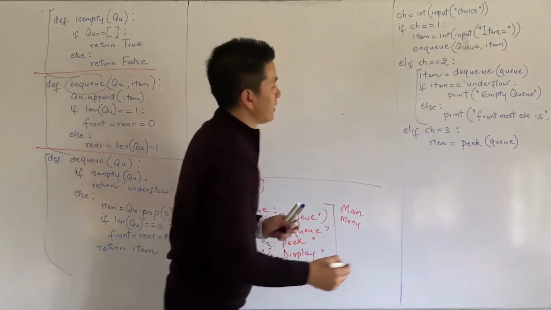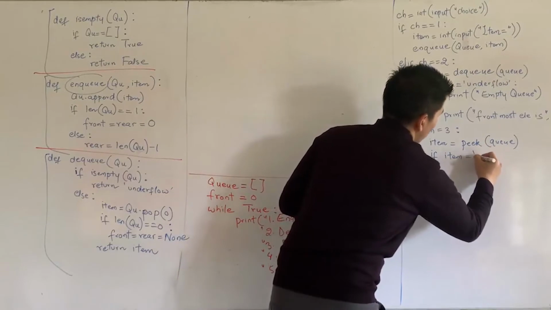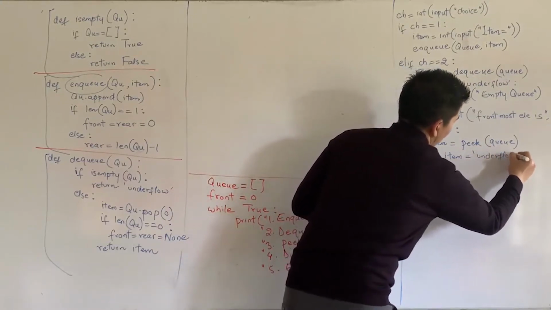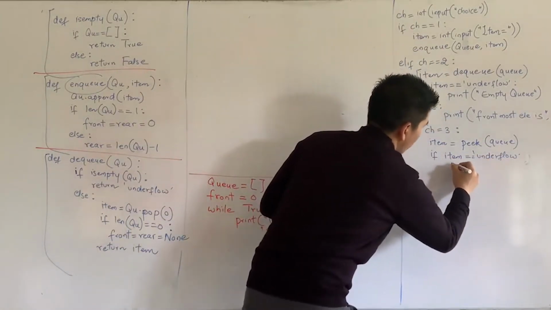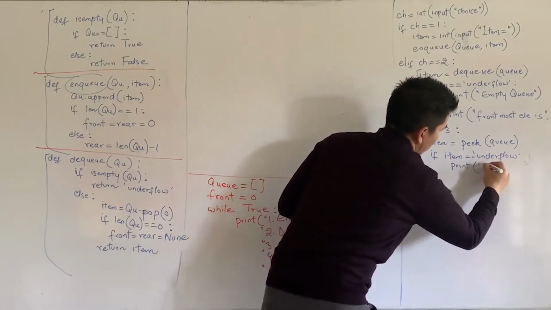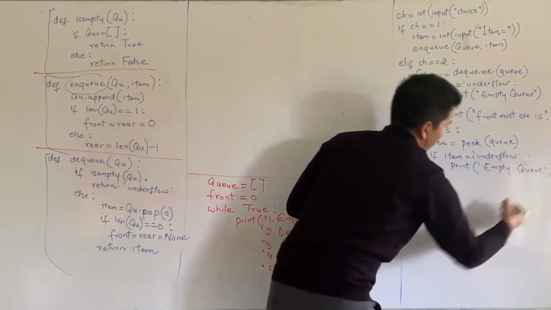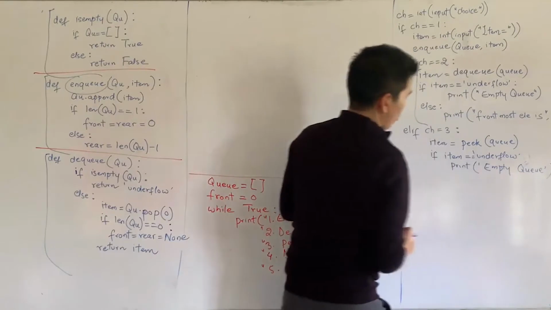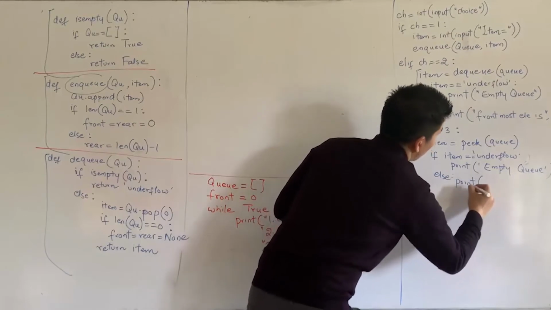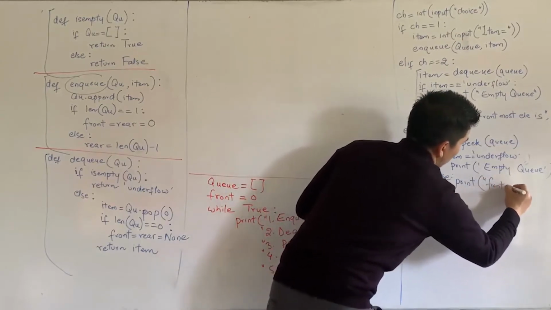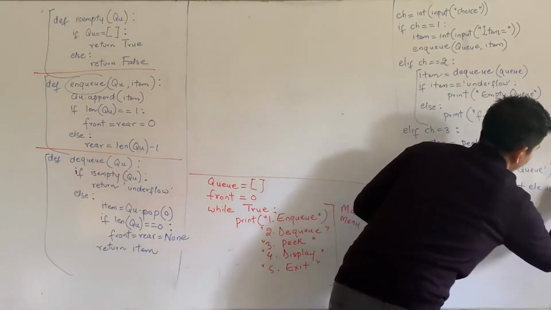And then again, if the returned item value is equal to underflow, if the condition is true, then you should print the message: empty Q. And then you have else, print the frontmost element is, and then you have the item.